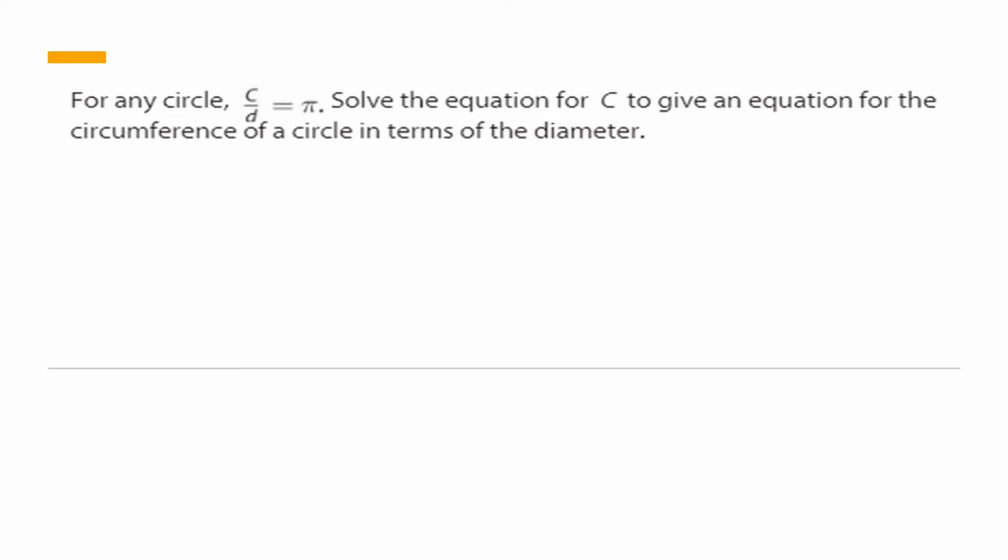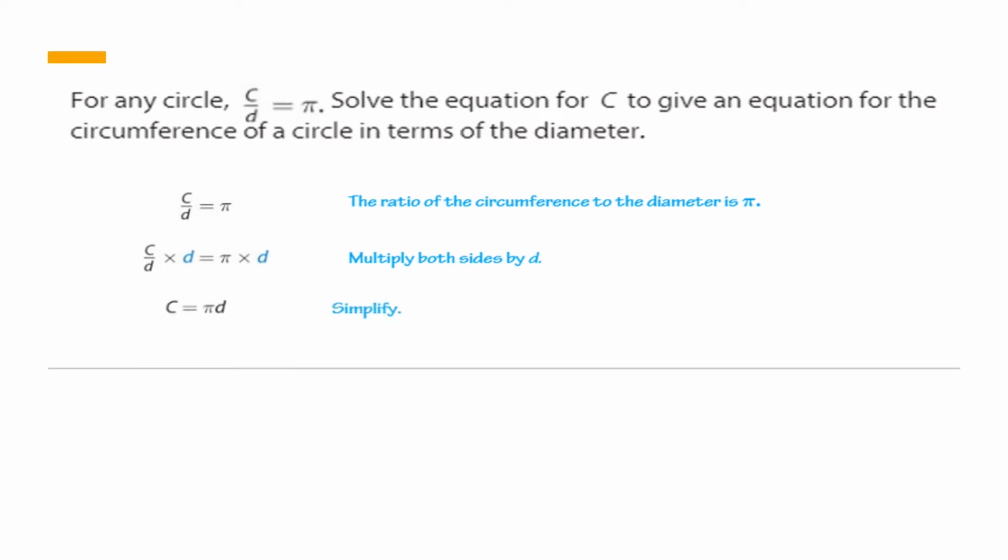All right, so in order to do this, if we think about the circumference divided by the diameter is pi, then we can isolate our circumference by multiplying both sides by d. If we simplify the equation, we get the formula C, which is circumference, equals pi times its diameter.